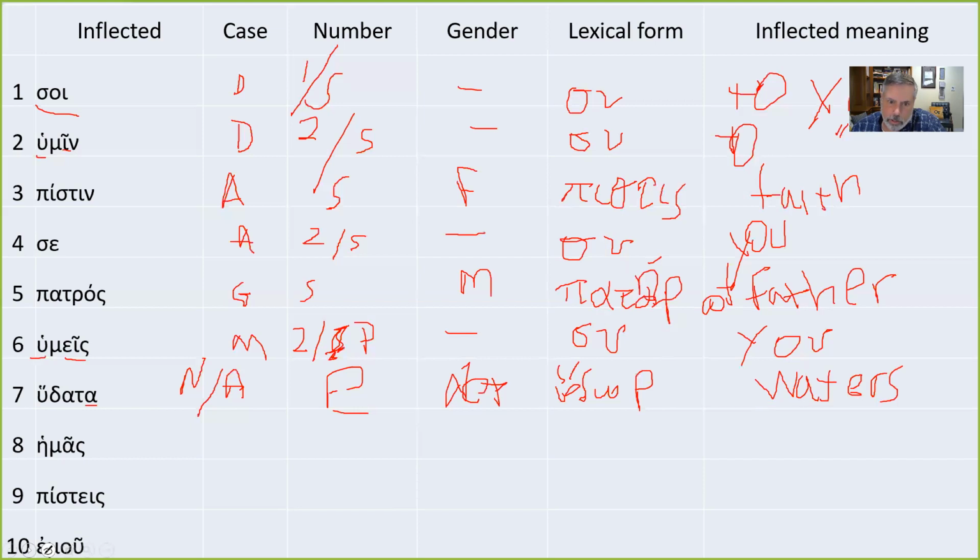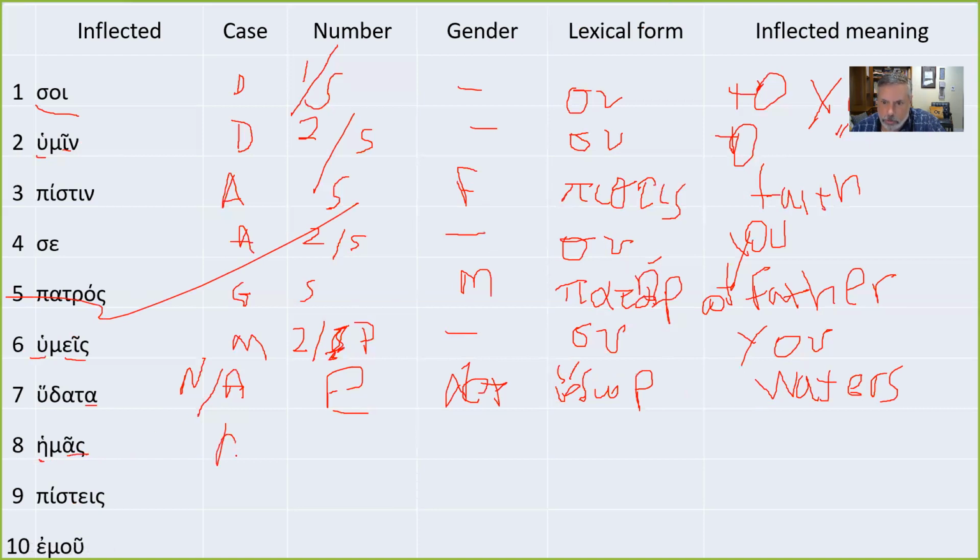And hemas, well, this is the first person. Where's my pen? Come on back. There we go. Okay. There's my first person with the eta, rough breathing, and this is the accusative form of it.